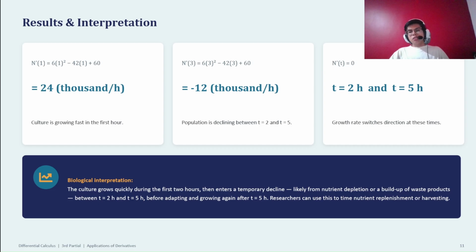The critical times are t equals 2 hours and t equals 5 hours, and here the growth rate switches direction at these times. So this is important to understand the population living in the country or in the world. But we can predict the things here.